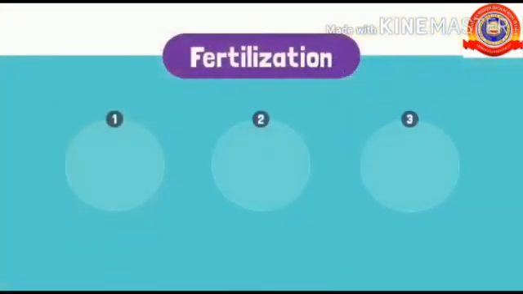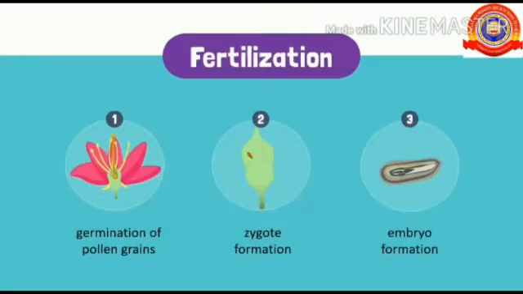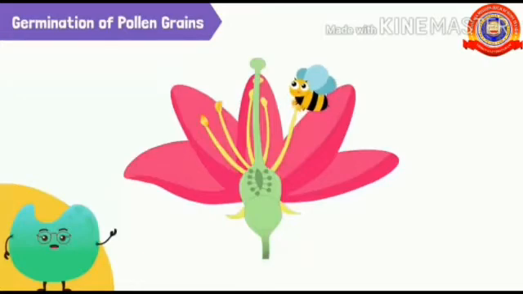Fertilization occurs in 3 stages. The first one is the germination of pollen grains. The second one is zygote formation. And finally, embryo formation. After pollination, the pollen grains stick on the stigma and germinate.